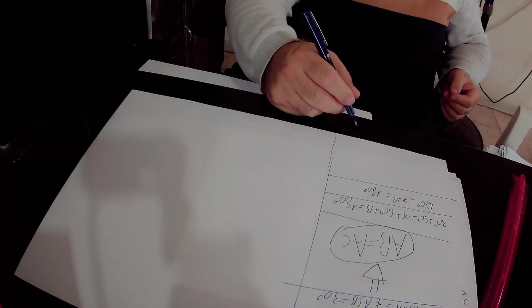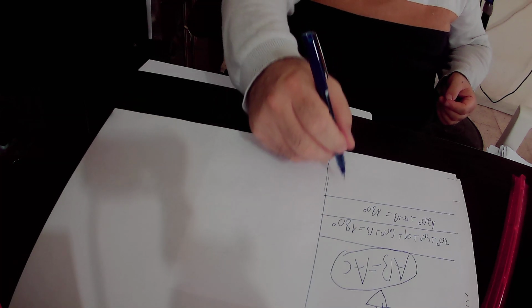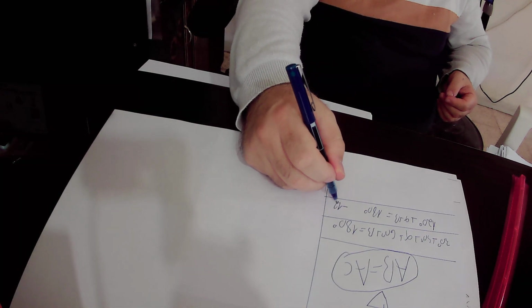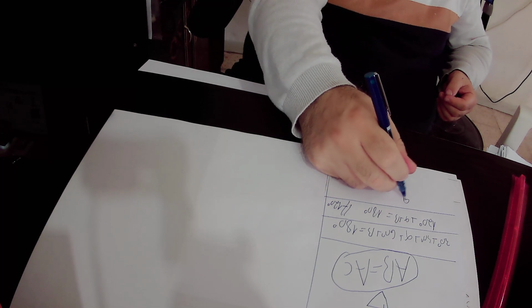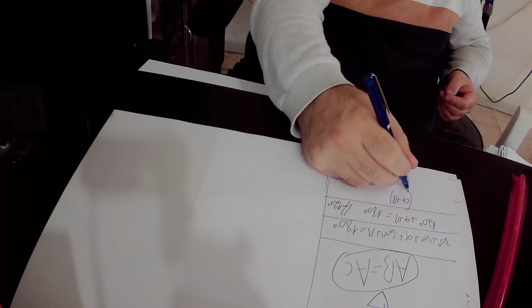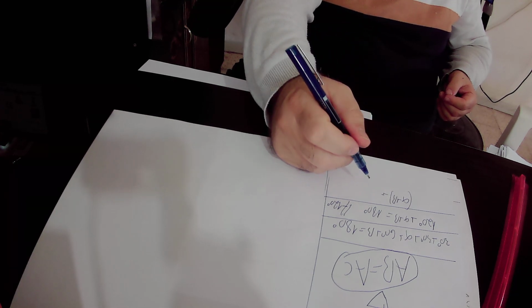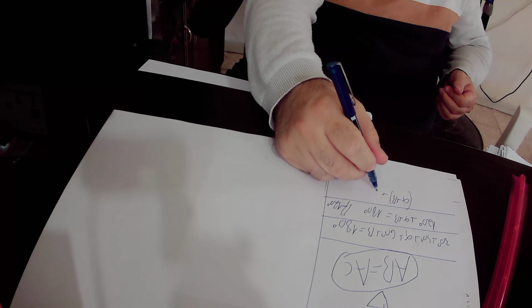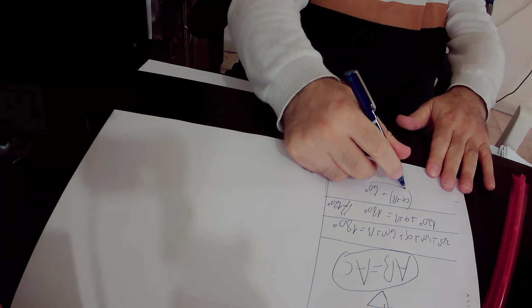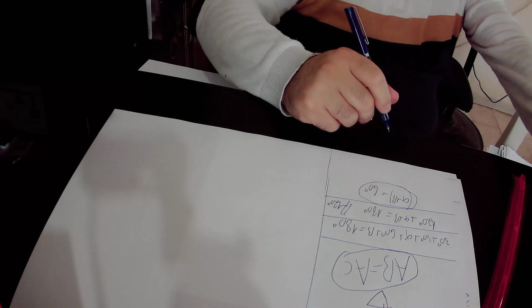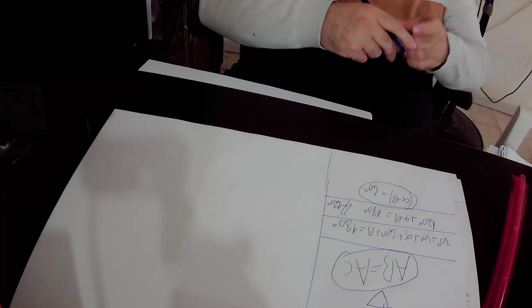So here we subtract 120 degrees from this equation, and we get that alpha plus beta equals 180 degrees minus 120 degrees, which is equal to 60 degrees. So we actually found out that alpha plus beta equals 60 degrees.